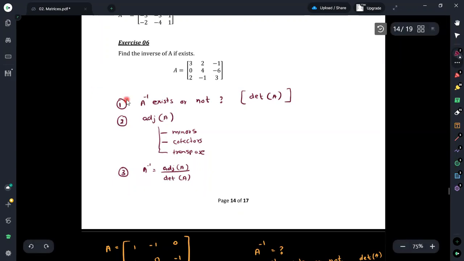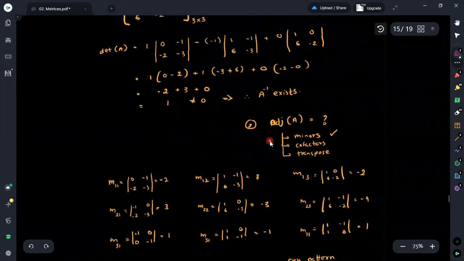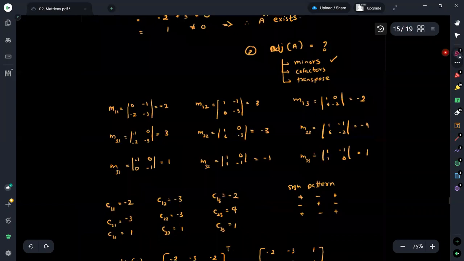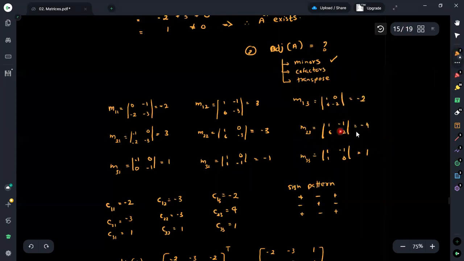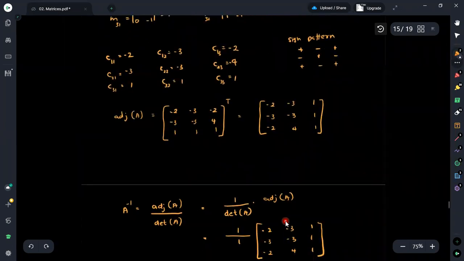Therefore, these are the three steps, and here it seems that there is a slight mistake which I have made. If I correct it here, this becomes -2 minus 6. Therefore, this will become +4, and here this will become -4.